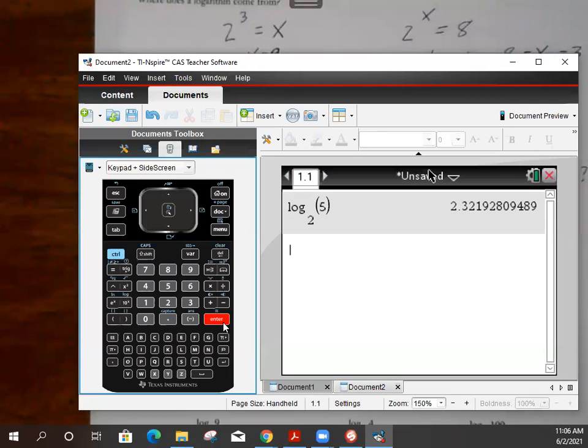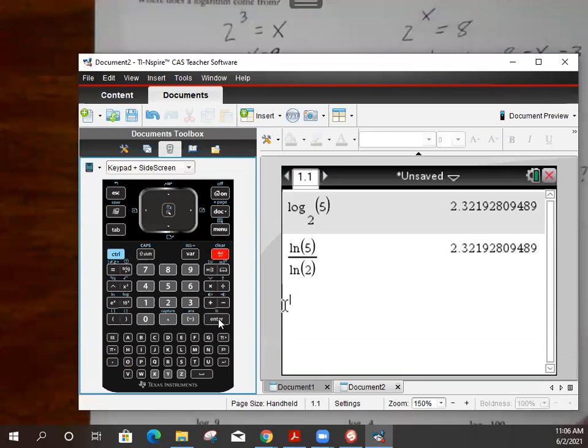That's great. Well, let's say that you're using a scientific calculator, like this one right here. This one only has natural log and log base 10. So you can also do the natural log of 5 divided by the natural log of 2, log of the big number divided by log of the small number. And notice how this will come out to be the same value.